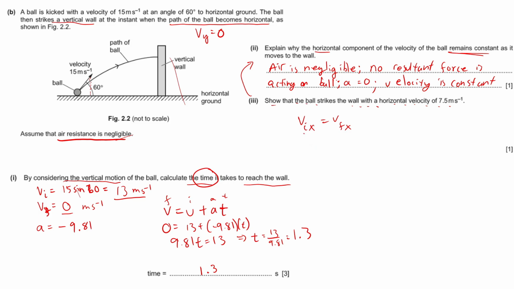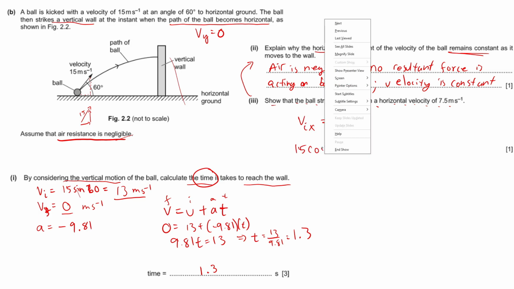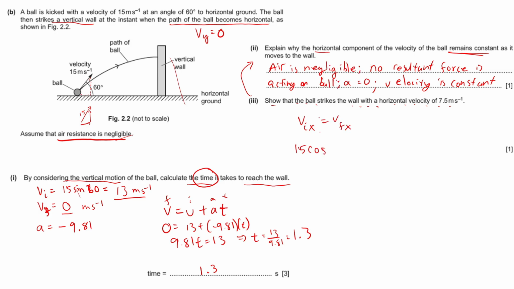So we can just calculate the initial one, which is based on this triangle here, right? The 15, y, and then x. So this is going to be 15 cosine of 60 is equal to v of x. And if you calculate this out, this is 7.5 meters per second, which is to be shown.